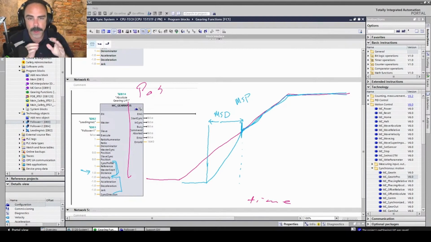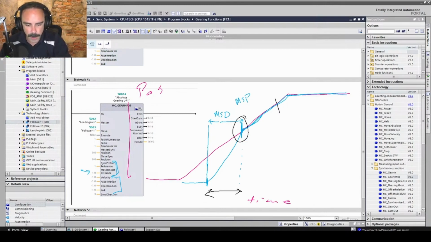So there are a lot of limitations that could prevent you from getting geared in, because at its core, this block is intended to put a position on your slave axis, your following axis, and link it up with a moving position on your leading axis. That's what these two main parameters are. There are some other sync profile references that you can look to, but that's the most common and simplest version to be able to sync up.